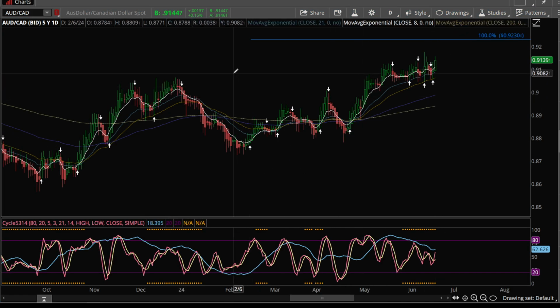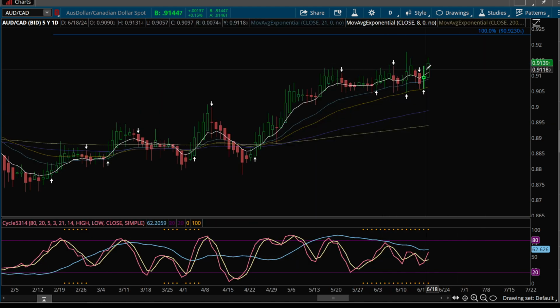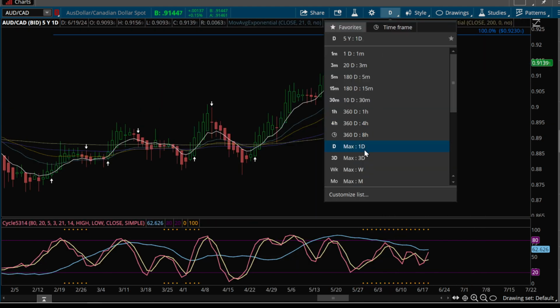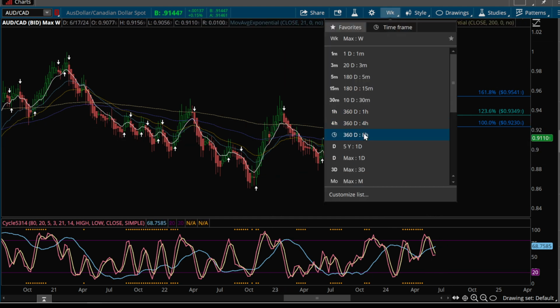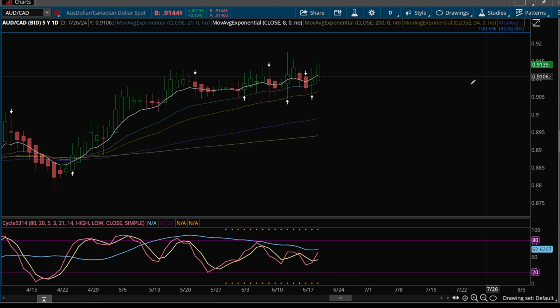Aussie CAD's running. You've got this setup here on the Aussie CAD weekly chart. You're still going above the 8. We're in this trade from down here at the daily 34, like 90.54, 55, somewhere around there.